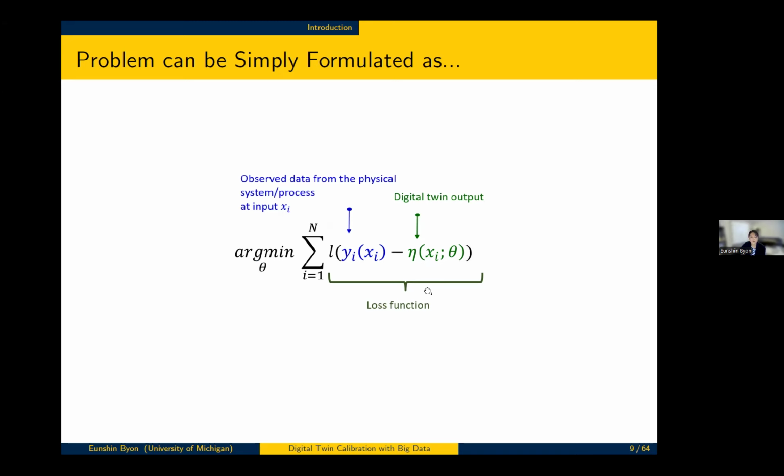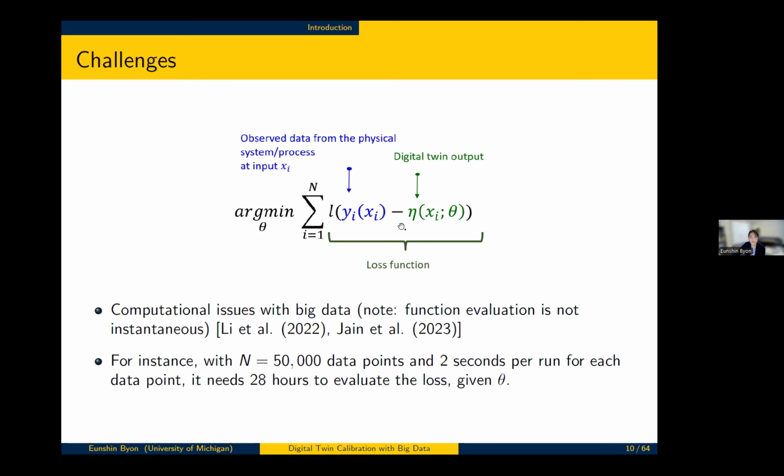This formulation has been used in other machine learning problems, like simple linear regression or deep learning. We use this loss function to estimate the parameters. But the difference here is that this digital twin output, eta, doesn't take any closed form because it is the output from the computer model. So we treat eta as a black box.